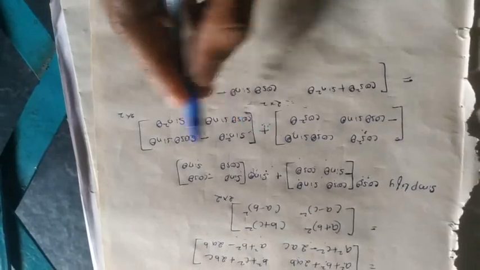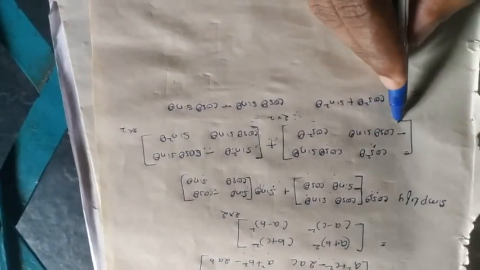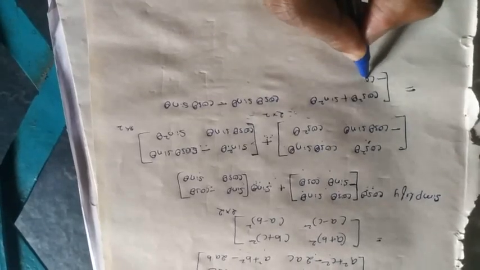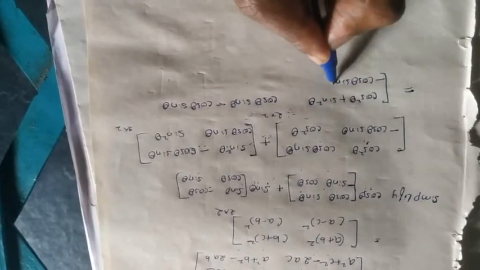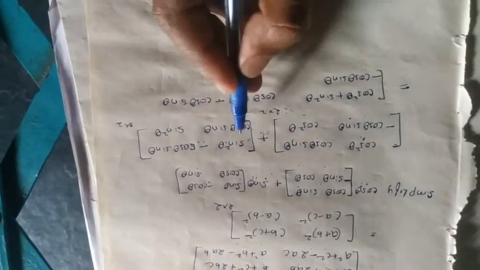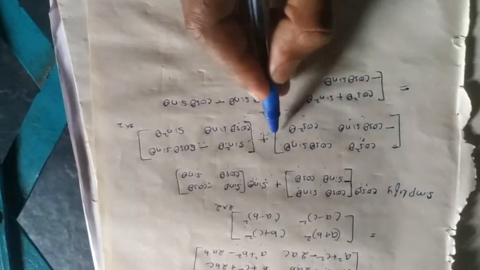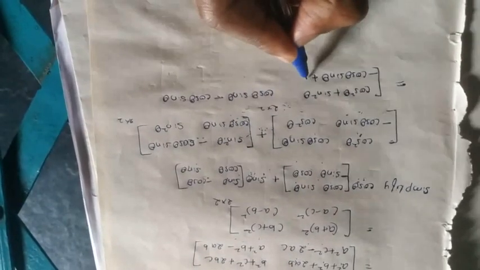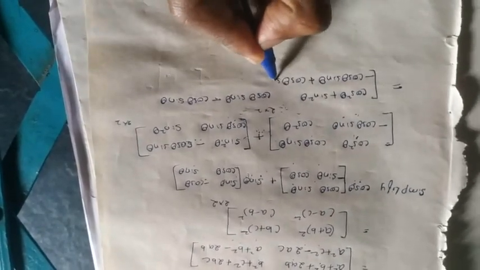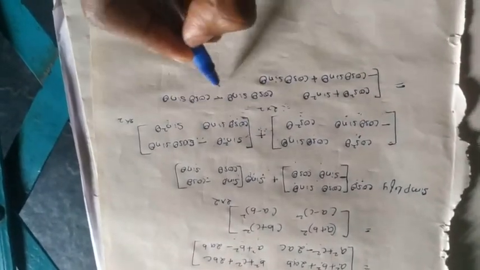Because plus into minus directly I put as minus. Next, minus cos theta into sine theta, A21 plus B21, this plus this, plus cos theta into sine theta, then cos square theta plus sine square theta.